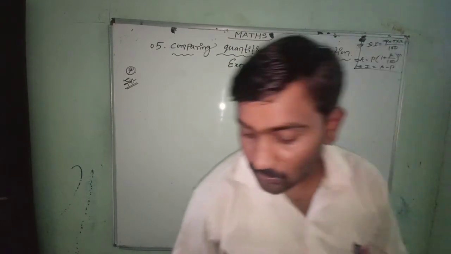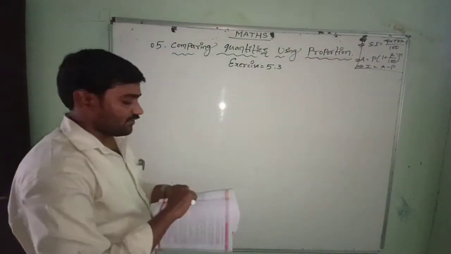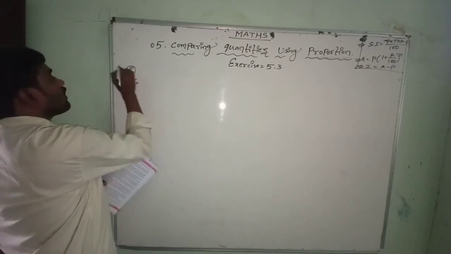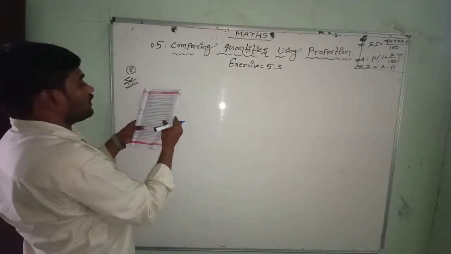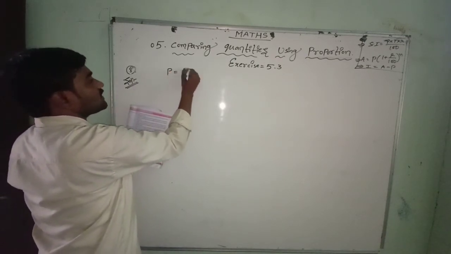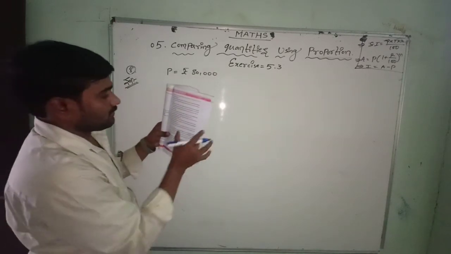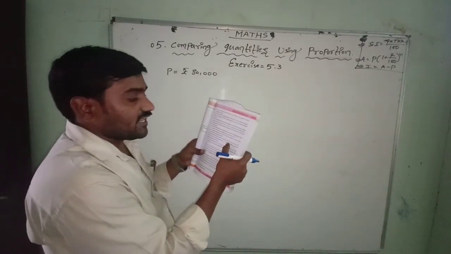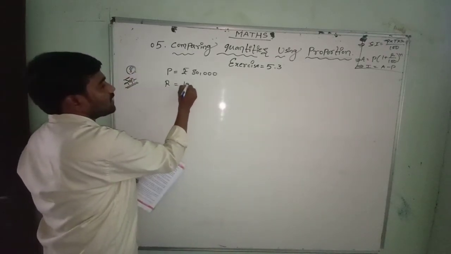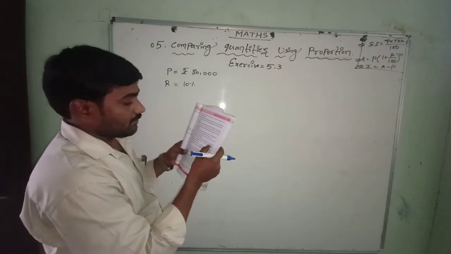Arif took a loan of 80,000 rupees. That means the principal amount he took is rupees 80,000 from the bank. And if the rate of interest is 10% per annum, that is yearly.